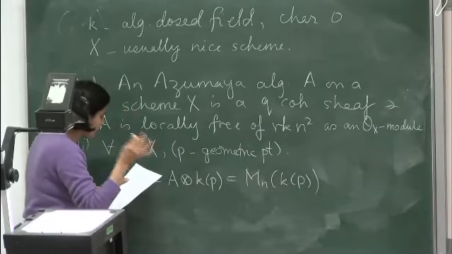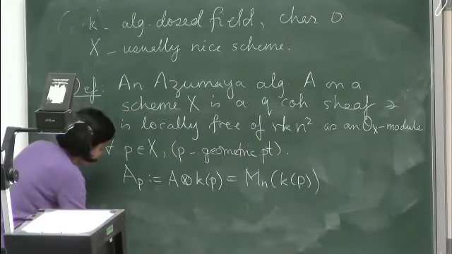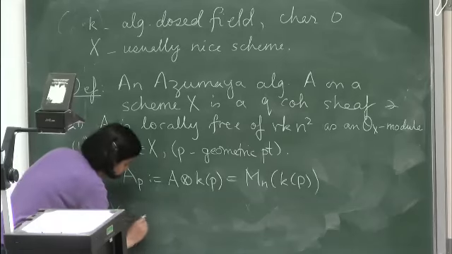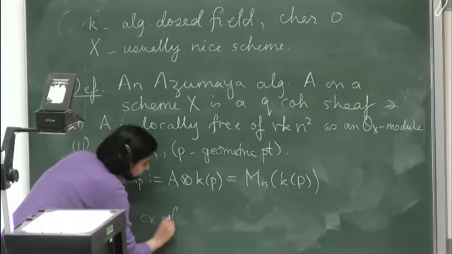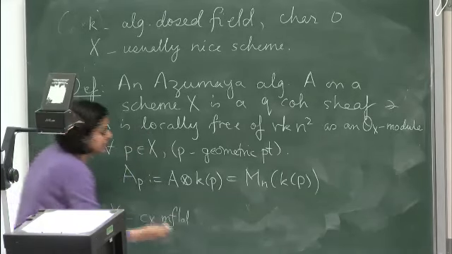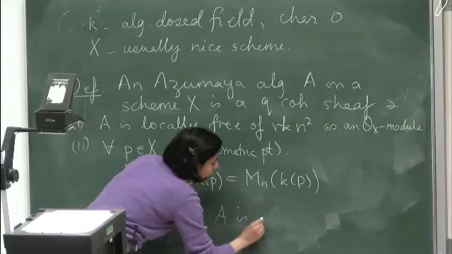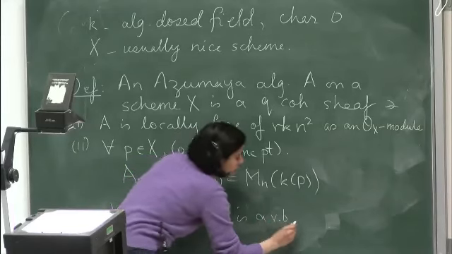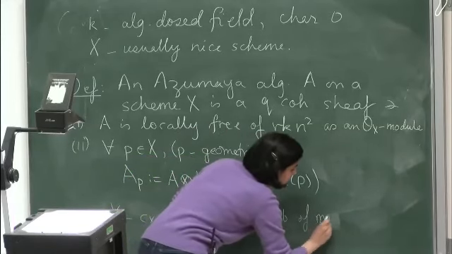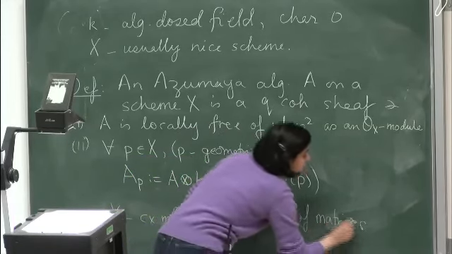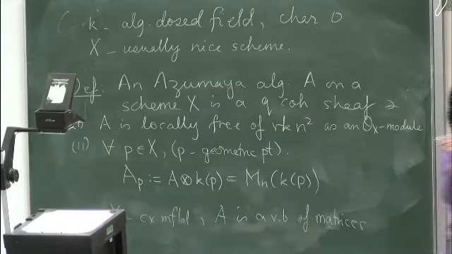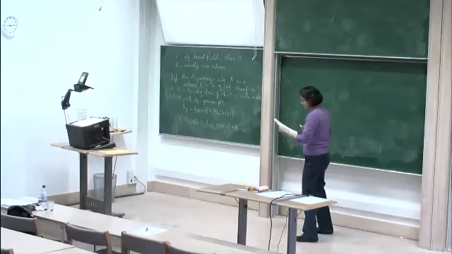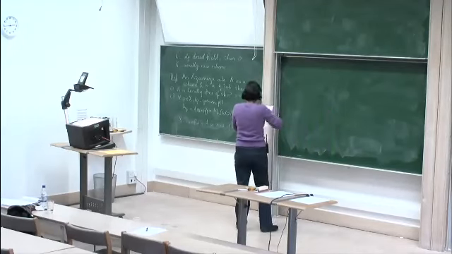So roughly speaking, if you have X, which is a complex manifold, then an Azumaya algebra on it is a vector bundle of matrices. So you have a vector bundle of rank n squared, but it has additional algebra structure: fiber-wise it's a ring of matrices.